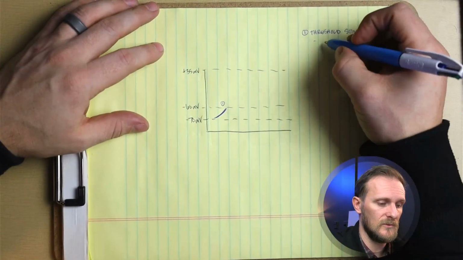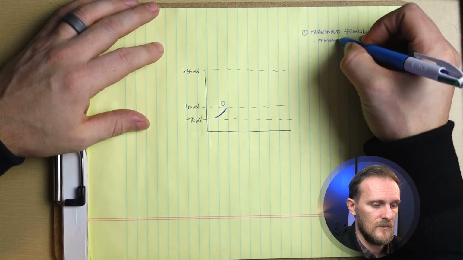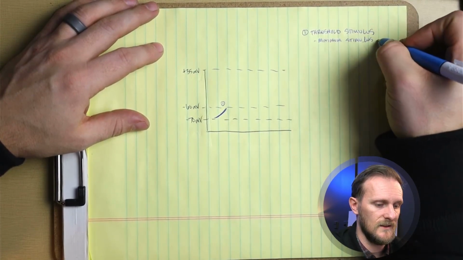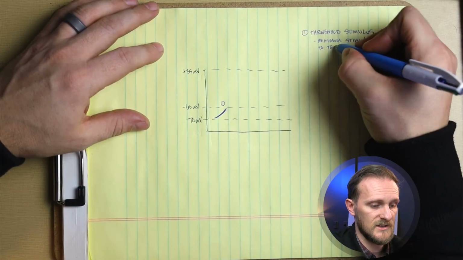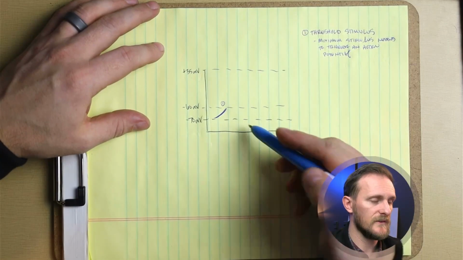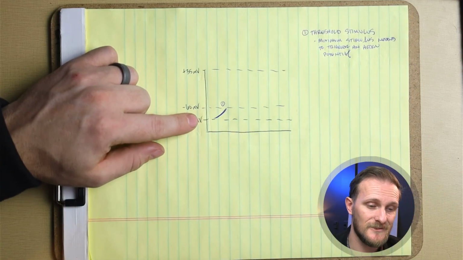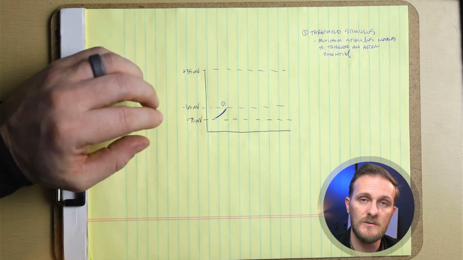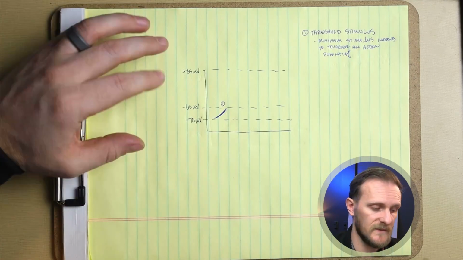And so we'll just write that down as a definition. So this is the minimum stimulus needed to trigger an action potential. Okay, so that's step number 1, threshold stimulus. We meet that, the neuron's going to consider that an important enough message to send on, or at least to consider sending that message on.